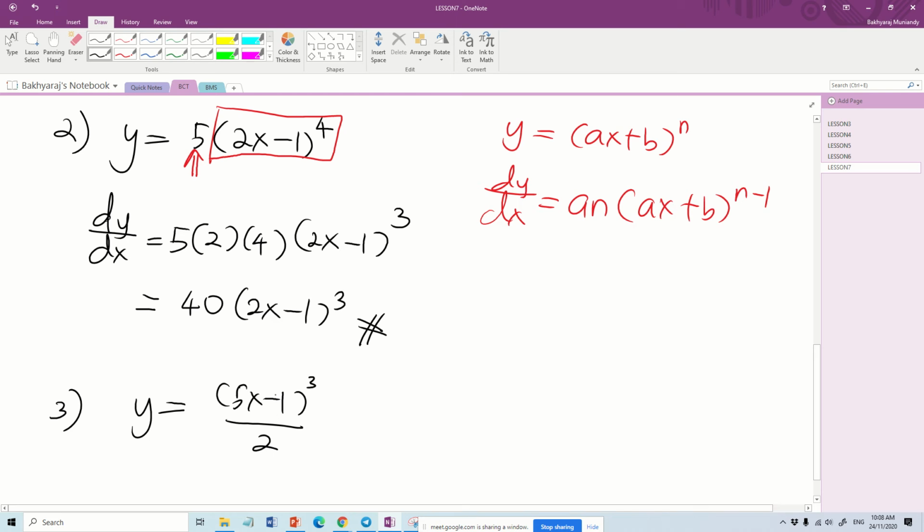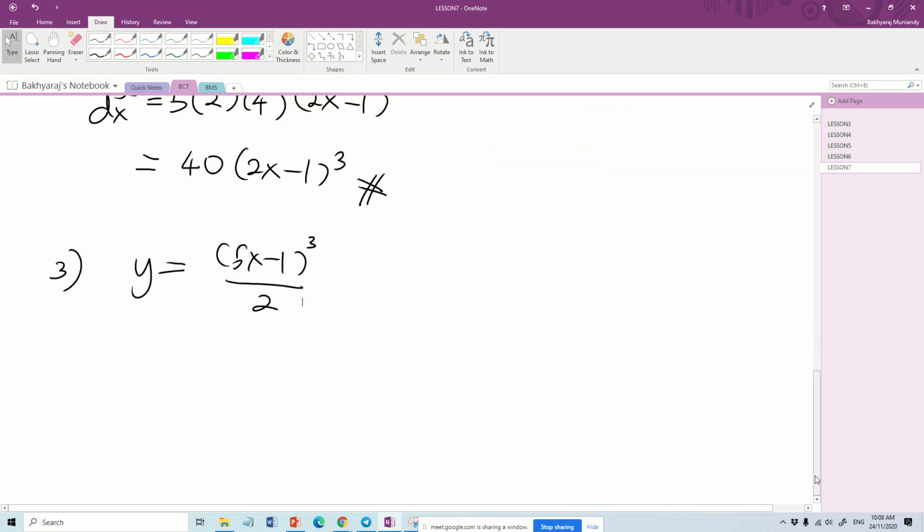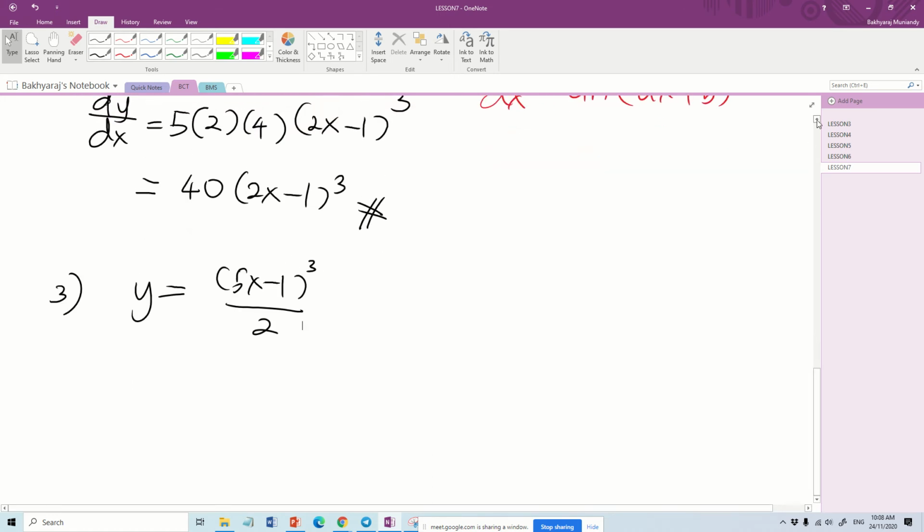The first step that you need to do is bring out the fraction. Bawa keluar fraction ni. So kalau you bring out the fraction, then dia akan jadi macam ni. You will get y equals 1 over 2 times (5x minus 1) to the power of 3.